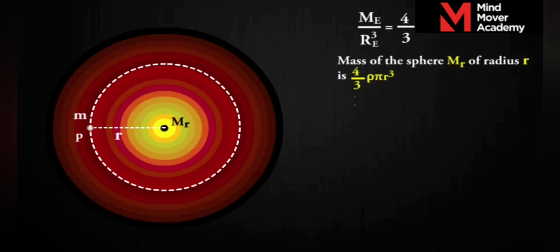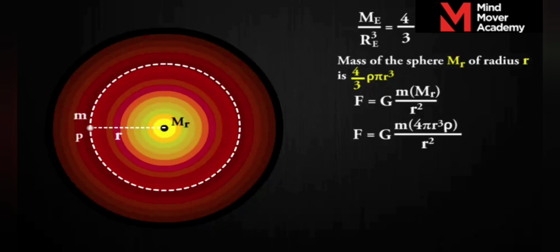And hence, F is equal to G m Mr upon r square. F is equal to G m 4 pi r cube rho upon 3 r square. F is equal to G m 4 pi by 3 rho r raised to the power 3 by r raised to the power 2.